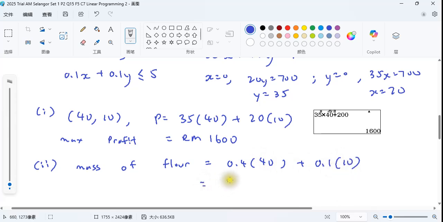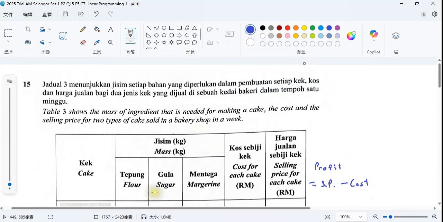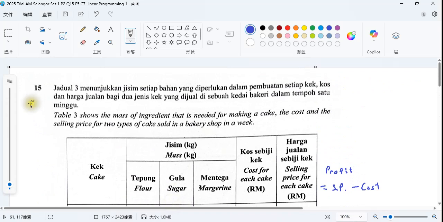So 16 plus 1 is 17 kg. Okay, so this one is linear programming, Form 5, Chapter 7.